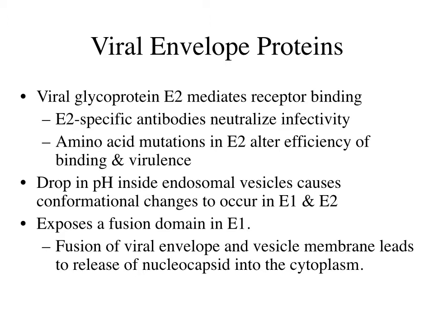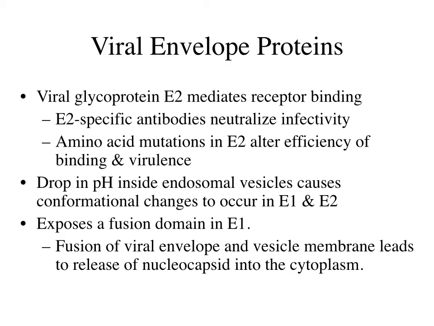When we look at the proteins that are on the viral envelope, remember there's E1 and E2 that form the heterodimers. The viral glycoprotein E2 mediates receptor binding. They've done experiments where they see that antibodies directed against E2 will neutralize the infectivity of the virus.